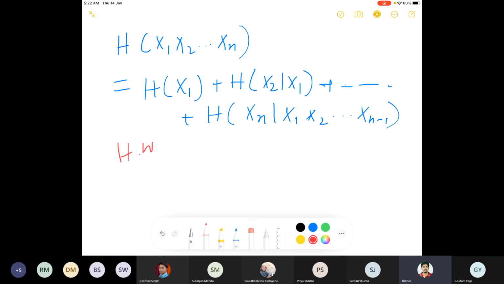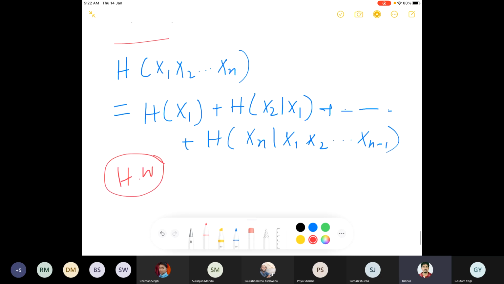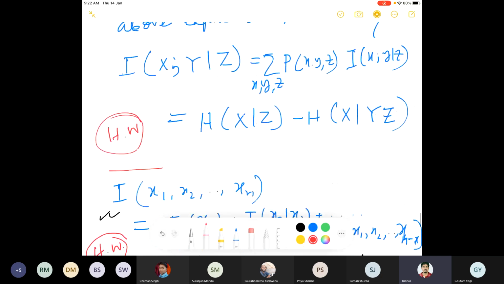In the books, you'll find all the proofs. These are very simple things. I'm not proving this because there is a lot of time needed, and the proofs are not tricky. They follow the definition itself. So this is where I stop today.